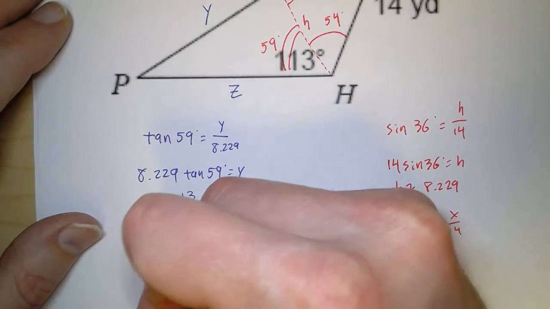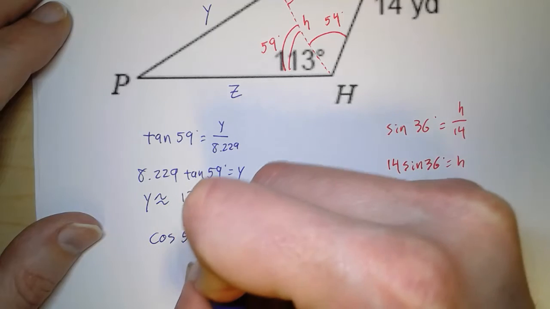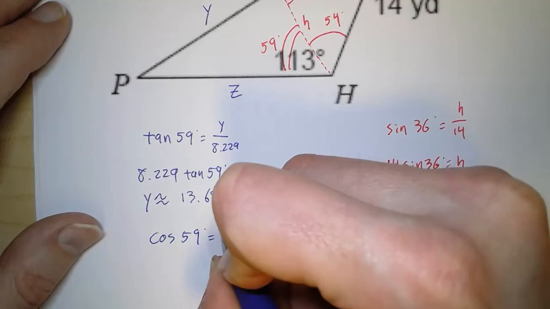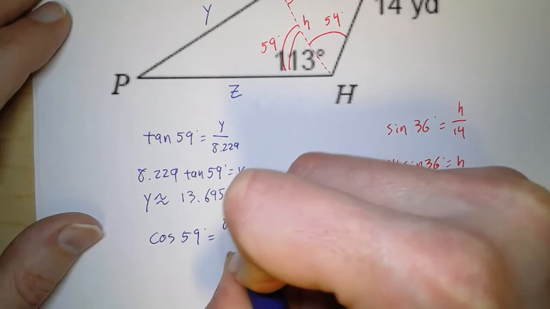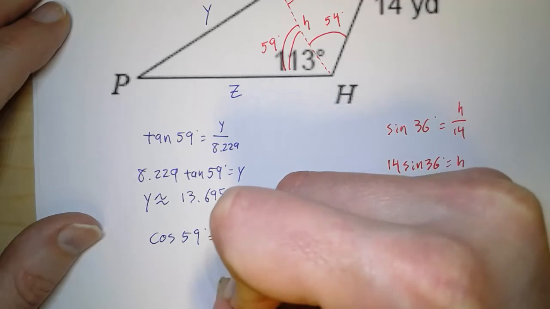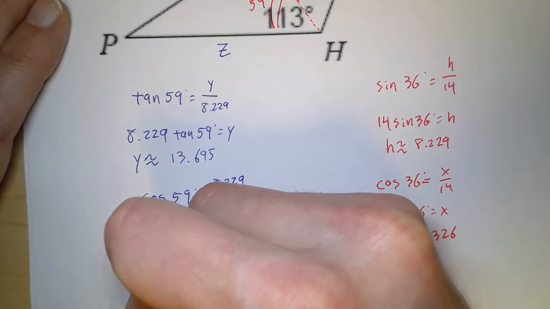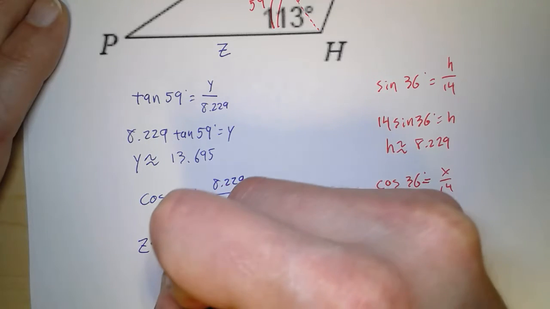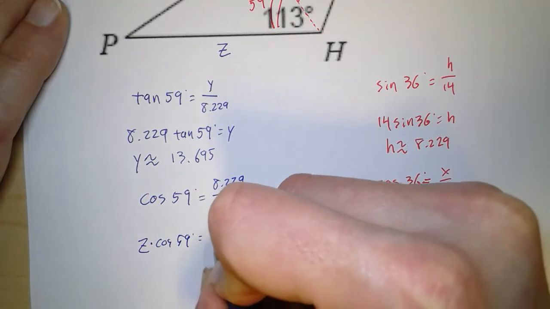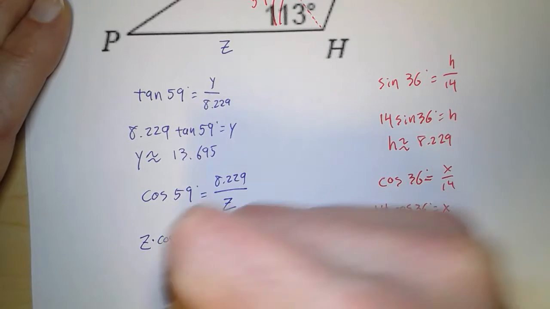And then for z, well, we know h is adjacent to this angle, and z is the hypotenuse, so we'll use cosine. So cosine of 59 degrees equals h, which we know, 8.229 over z. So we multiply out the z. So z times cosine of 59 degrees, that equals 8.229, and then we divide.